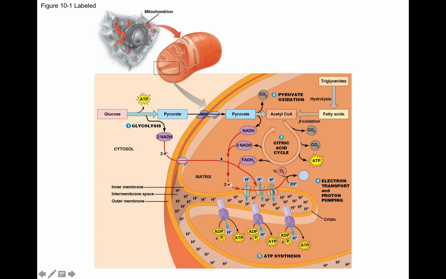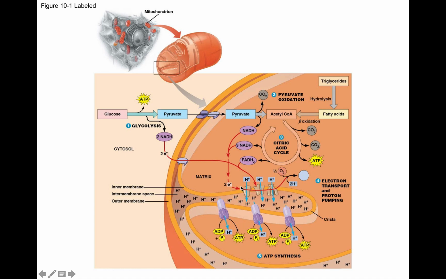And then finally, you're going to take the NADH from glycolysis, which has to be imported into the mitochondrion, and the NADH and FADH2 from the citric acid cycle. You're going to oxidize those in the electron transport chain, stage 4. That's where these high energy electrons get taken off.